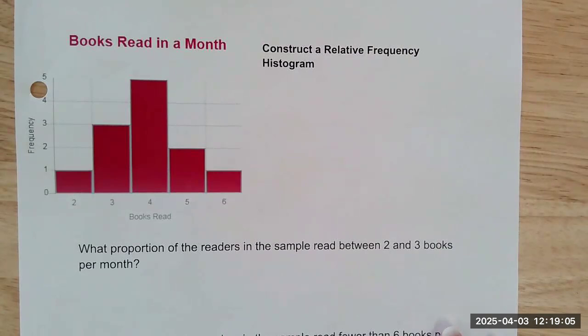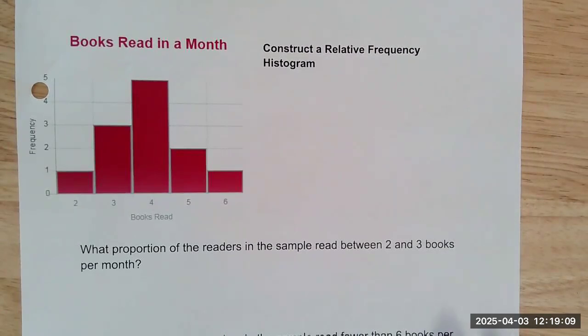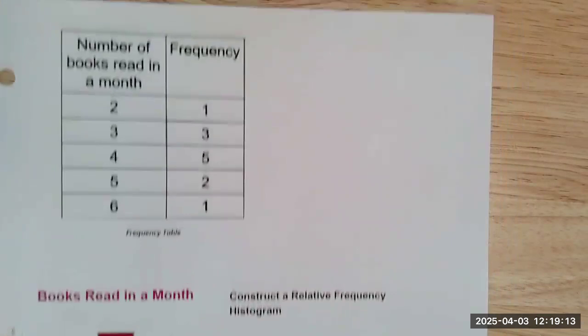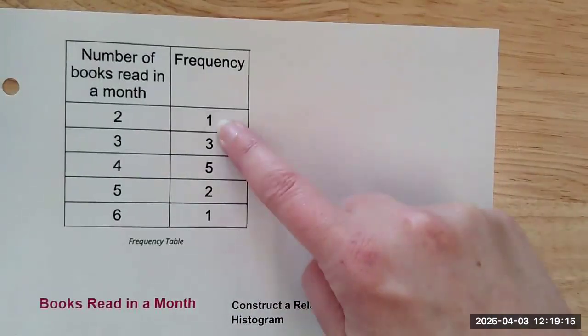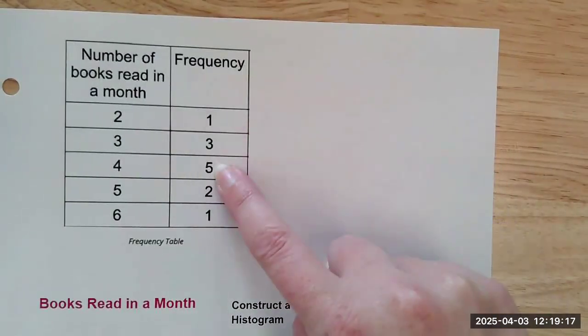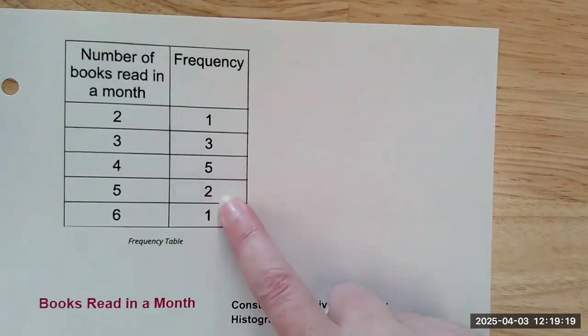A relative frequency histogram, however, takes into account the number of people that you asked this question. So if I go back to this table, we asked 4 plus 5 is 9, plus 2 is 11, plus 1 is 12. We asked 12 people how many books they read.